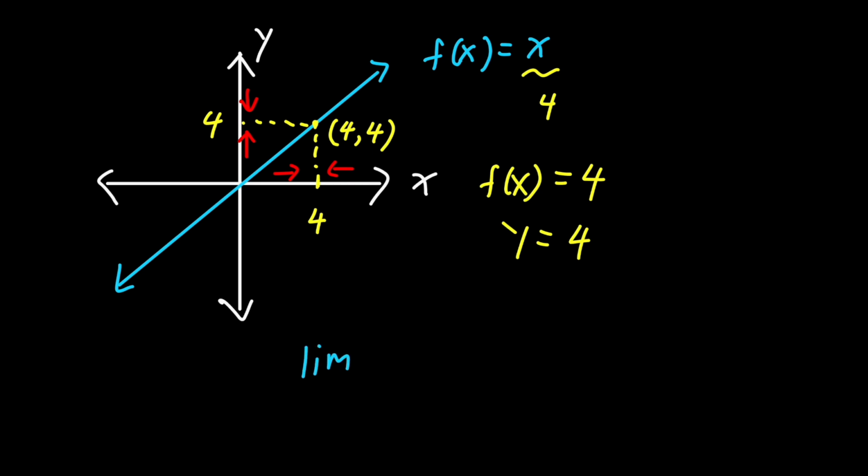The limit of this function as x approaches 4 equals 4. You can see this by some values here. Let's say here's 3. It's getting closer to number 4, but never becomes 4. But the corresponding y value is getting closer to this 4 as well. So that's why we get this limit.